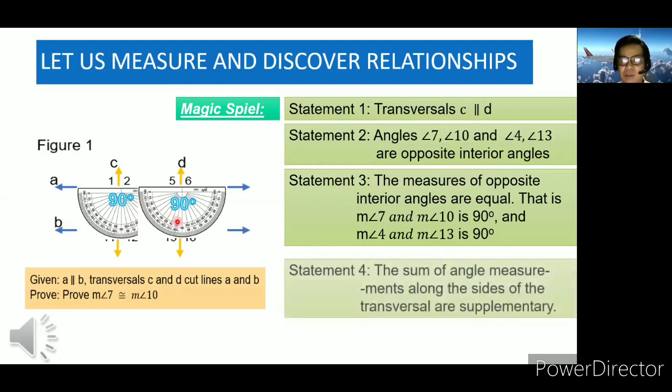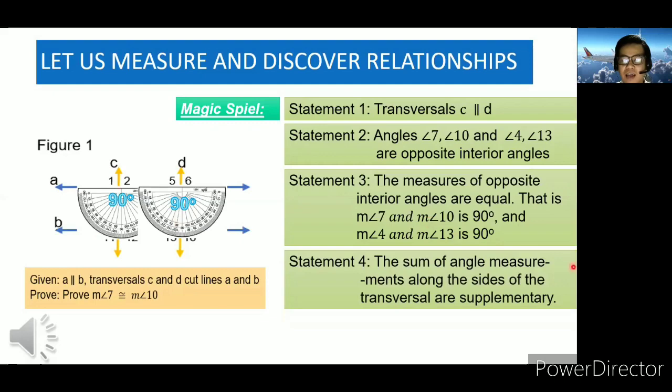Now, in statement number 4, you can say also that the sum of angle measurements along the sides of the transversal are supplementary. You already know this one from your previous lesson, that the angles along the side of your transversal are supplementary. That is, the measure of angle 4 and the measure of angle 7 are supplementary.